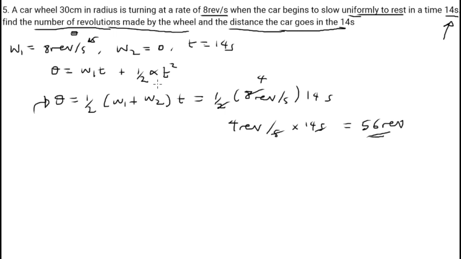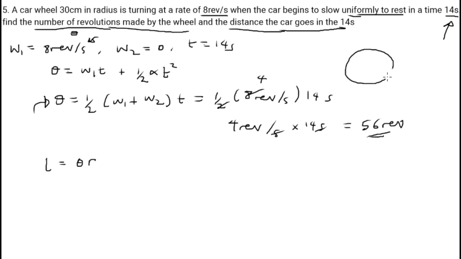To find the distance the car goes in 14 seconds is like finding the linear distance. Notice that the linear distance L is the product of the angular displacement multiplied by the radius. The car is actually moving in this way.